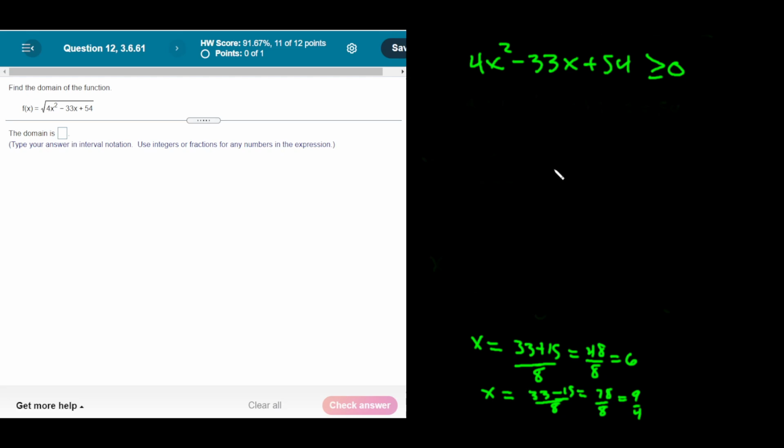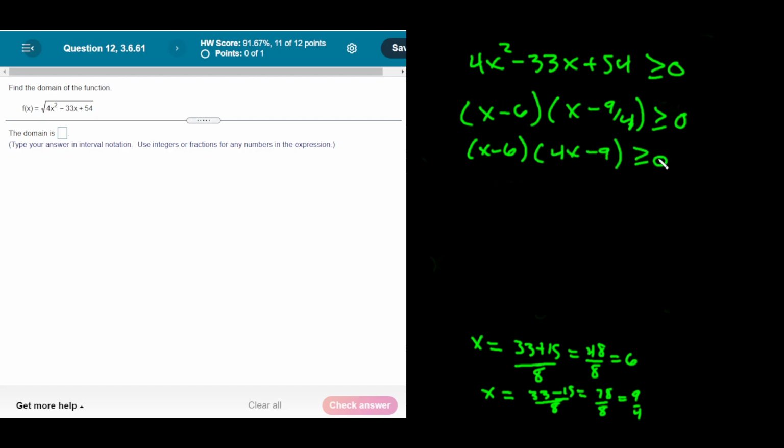Because we just went through the trouble of factoring and we got the solutions, how about we write it in factored form? That'll be x minus 6, and then x minus 9 over 4 is the opposite of what we have down there, right? This is legit. And if your professors give you crazy looks, take that 4 and bring it up to the x if you want to.